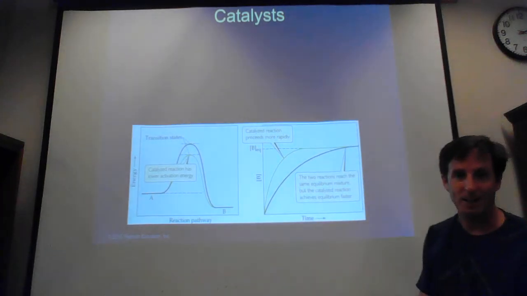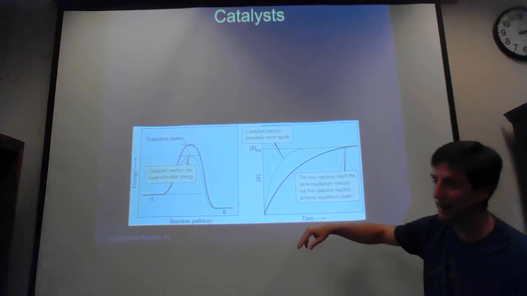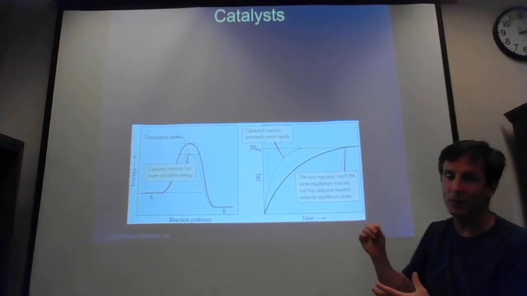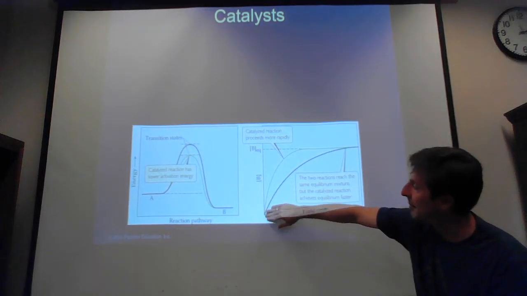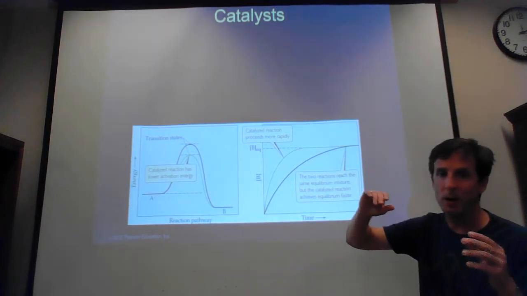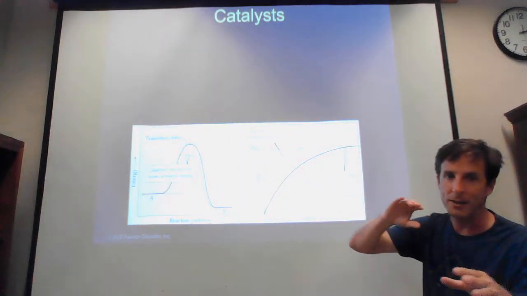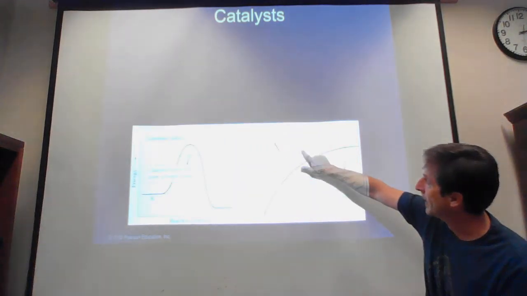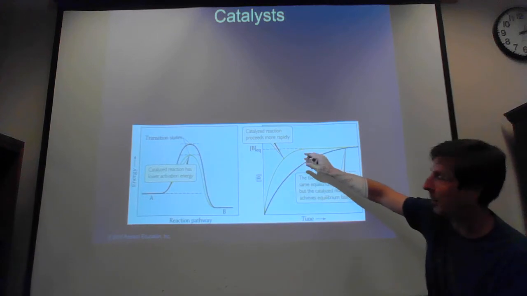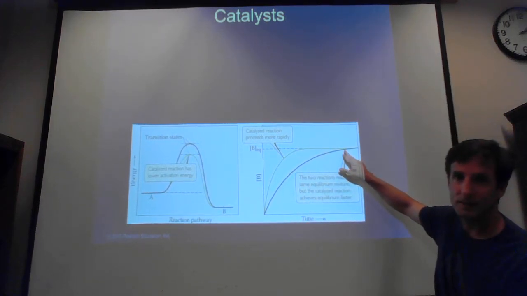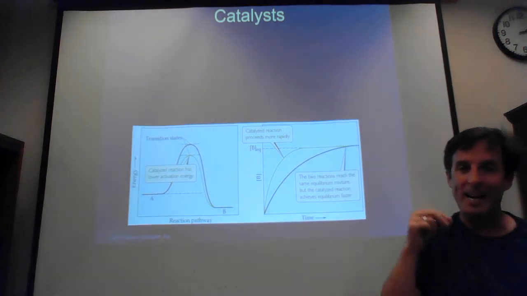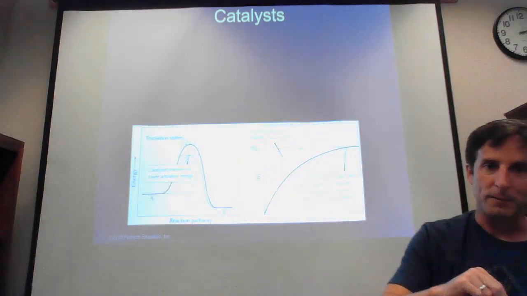If we add a catalyst, that's the green line now, the reaction with the catalyst, the initial reaction is going to go faster. I'm going to get to my proper ratio of ammonia to nitrogen and hydrogen a lot faster. I get to my equilibrium in this example in about half the time that it did when it wasn't catalyzed. So a catalyst is going to get me to the same ratio faster.